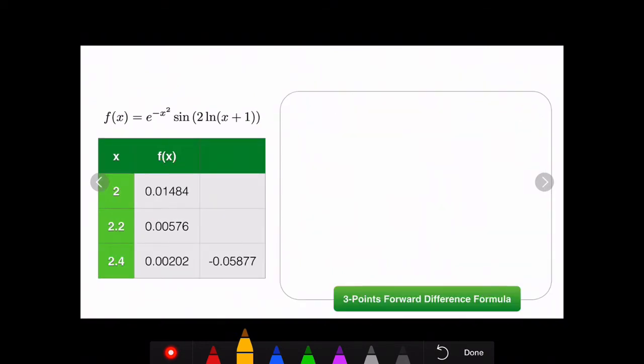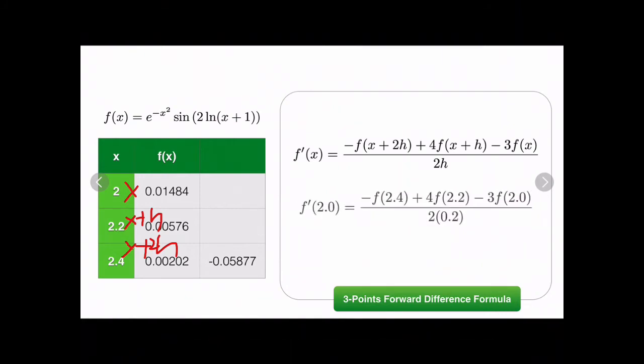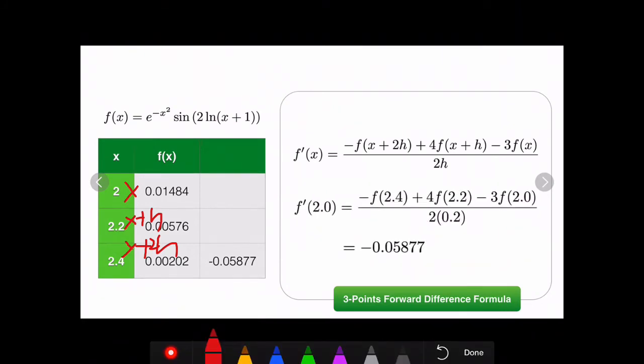Okay, the next one is also the same thing, the 3-point forward difference. You just get the values for the forward difference: let's say this is your x, this is your x plus h, and this is the x plus 2h. Once you have these, you just recall what the formula is, and then you substitute the values one by one.